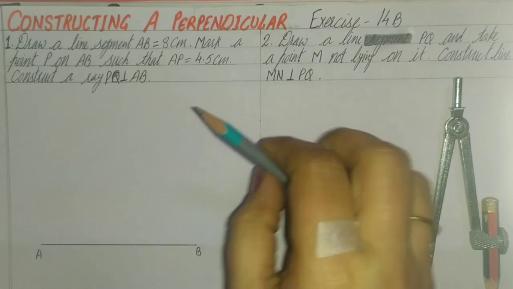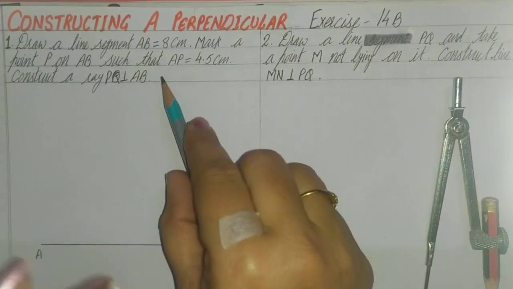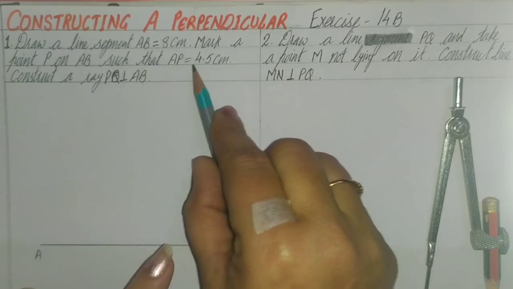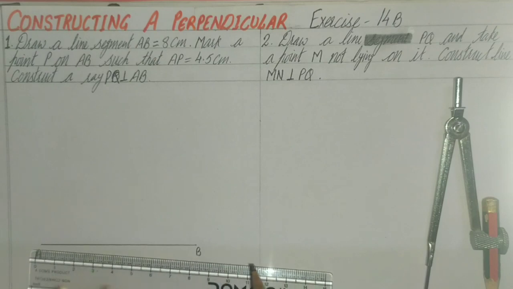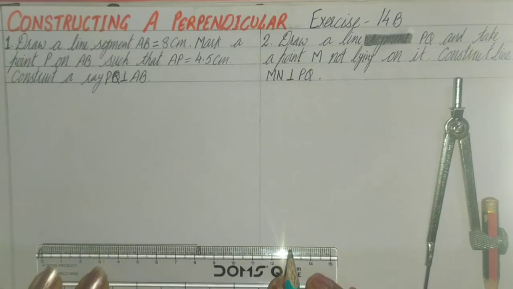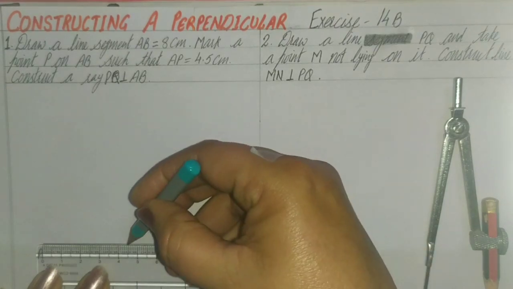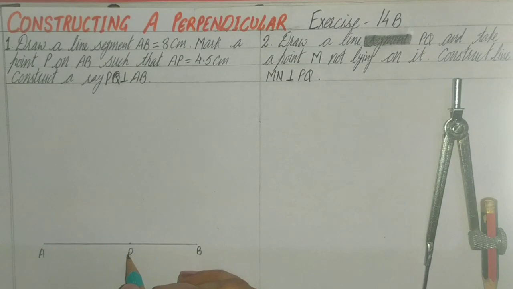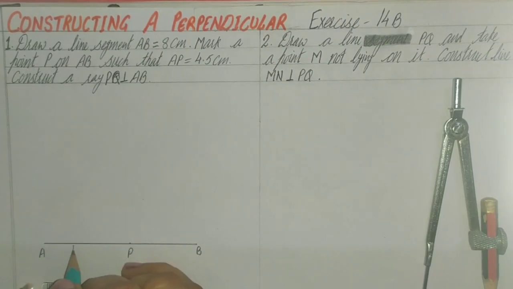Now we have to mark a point P on AB such that AP is 4.5 cm. Since AP should be 4.5, it means the distance of point P from A should be 4.5 cm. So mark the point over here and label it as P. What is the distance of this part?